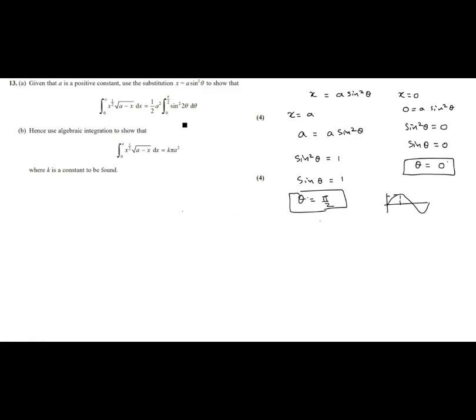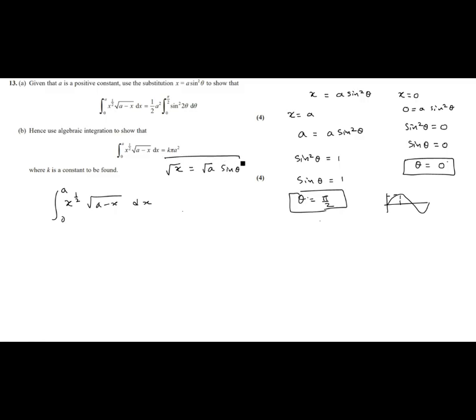Now next thing is we need to use this substitution. So x to the power half times square root of a minus x dx, integral 0 to a. If we take a square root on both sides, square root of x becomes square root of a times the square root of sine square theta, which becomes square root of a sine theta.